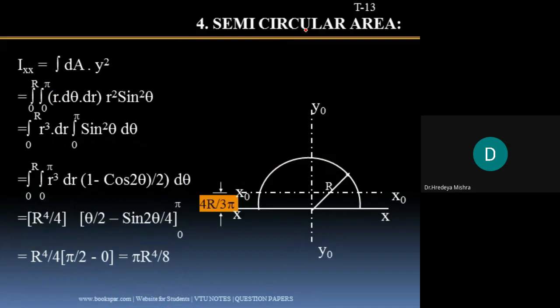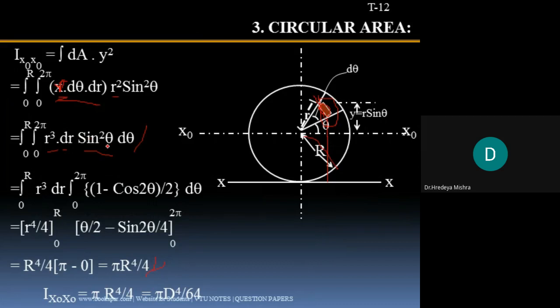So now the semicircular area here. This is the semicircular area. The same things will happen here: 0 to r and 0 to pi, r d theta dr and r square. So see here, this is r, there is x. Now this is the correction, there is an r. Okay, so the same thing is here, r cube d theta, and here sine square theta. The only difference is 0 to pi here, where it was 0 to 2 pi.